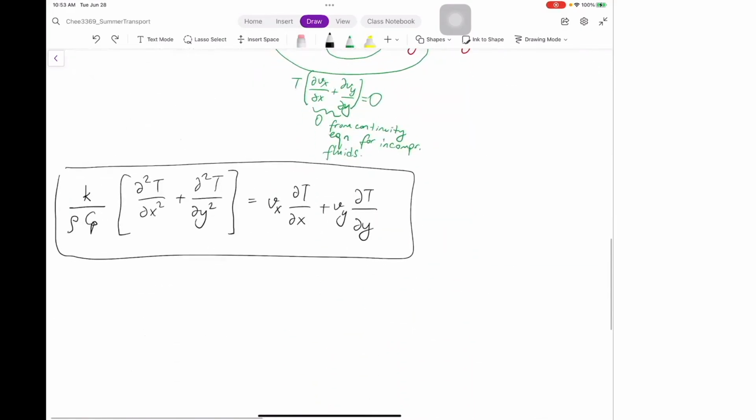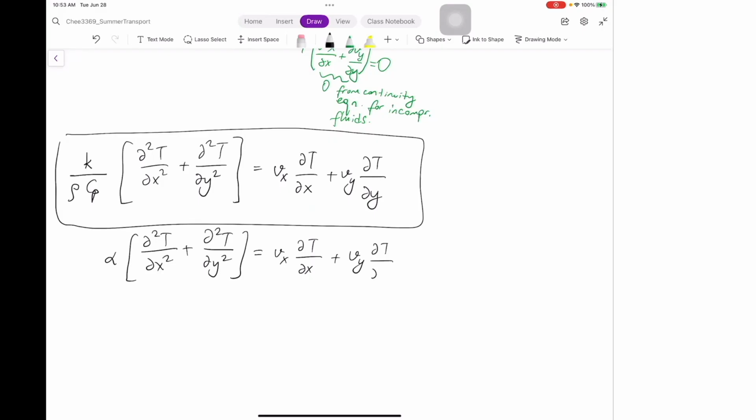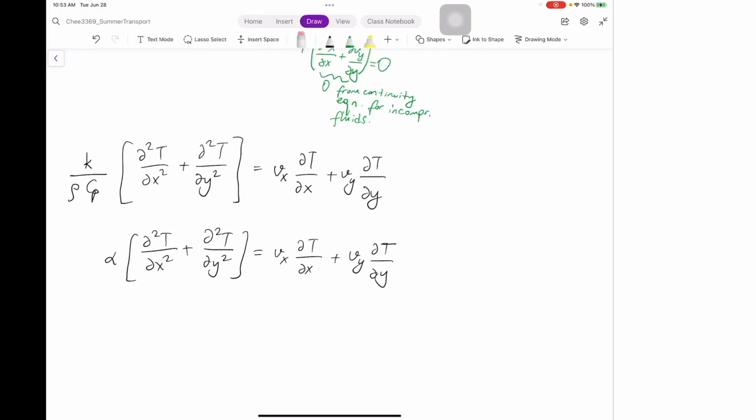And instead of K over rho Cp here, you can say it's the thermal diffusivity, right? It's alpha times del squared T over del X squared plus del squared T over del Y squared is equal to Vx del T over del X plus Vy del T over del Y. So let me box this one instead.